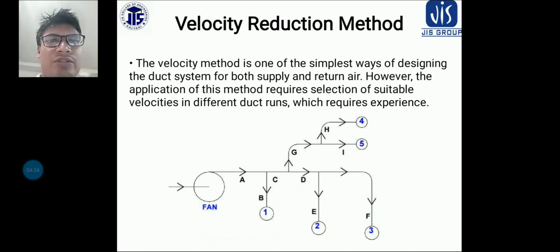The aluminum sheet is used because of its lighter weight and resistance to moisture. If it comes into contact with moisture, aluminum is basically lighter and also resists moisture, that means rusting.